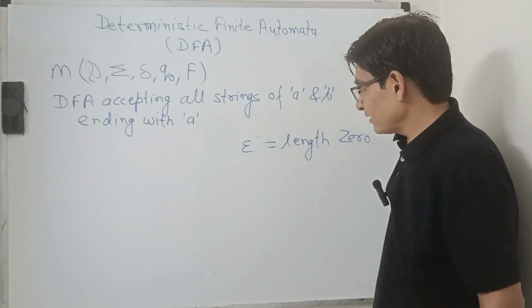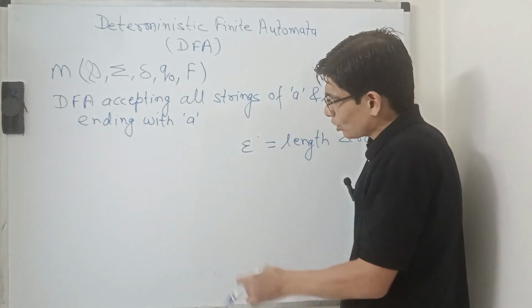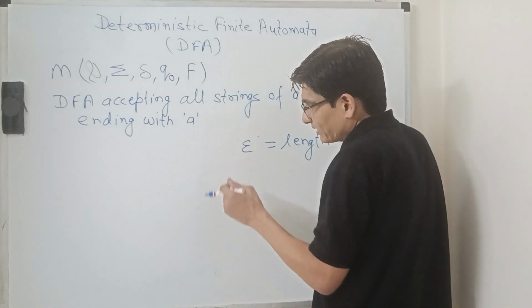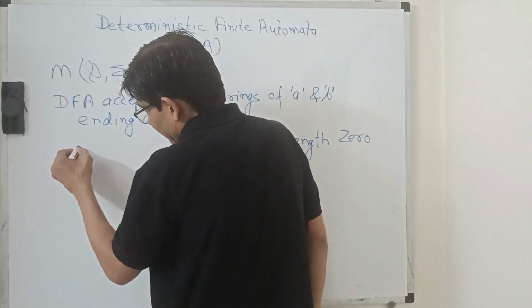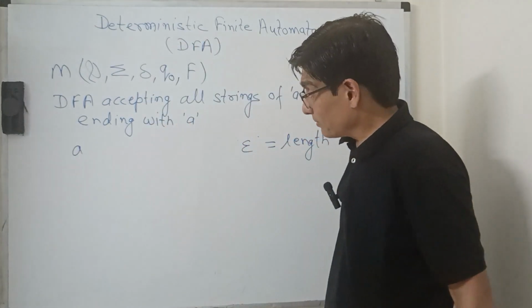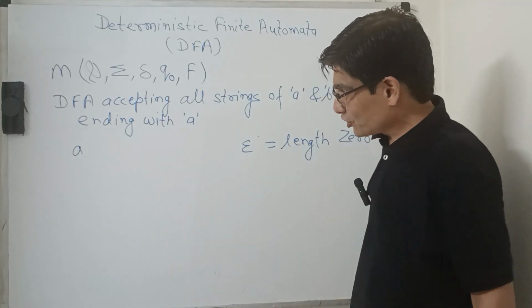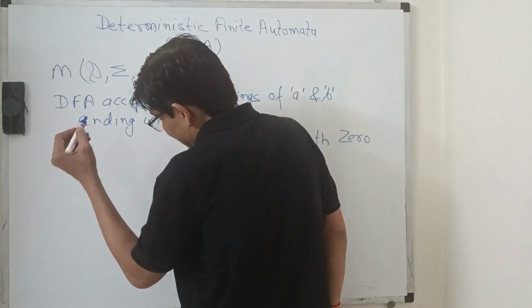So in that way, what would be the shortest string of this language? That is A. Why? It must end with A. So the shortest string would be A.